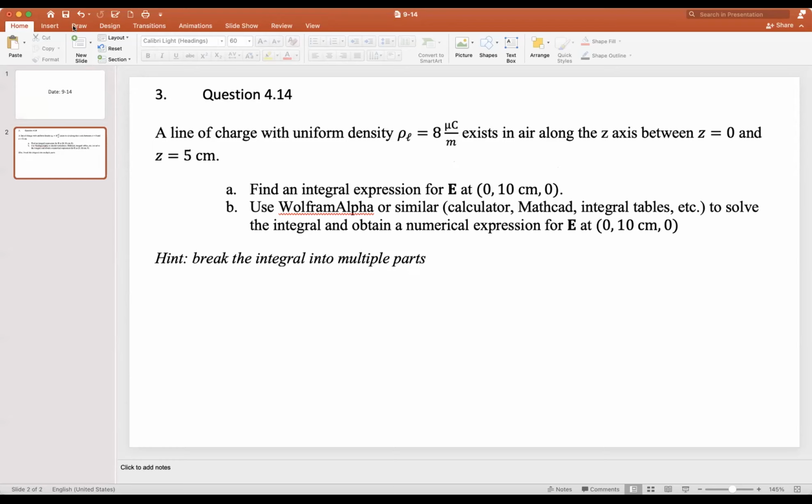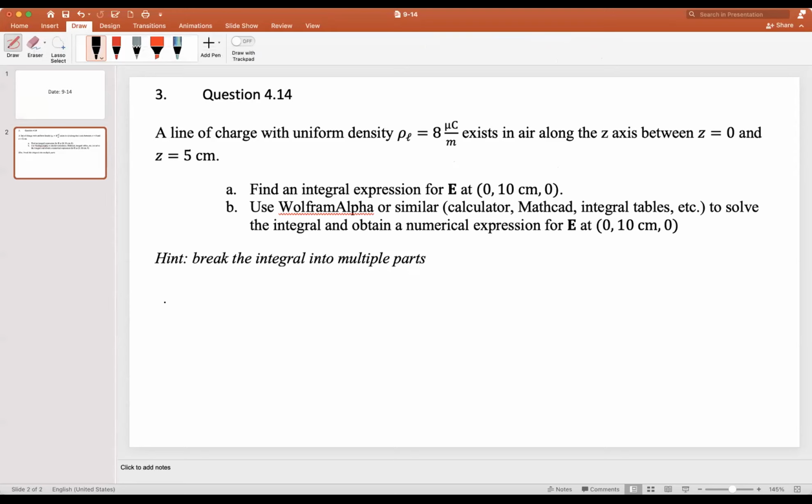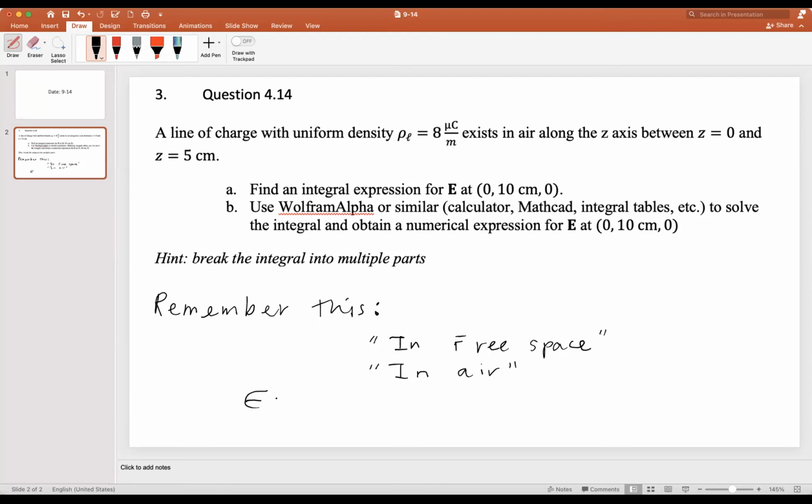Okay, so when we're doing electromagnetics problems, we talked about this just a little bit last week, but remember this rule: if we see something that says in free space, or in air, that means that the dielectric permittivity, which we know takes this form, has a relative permittivity of 1.